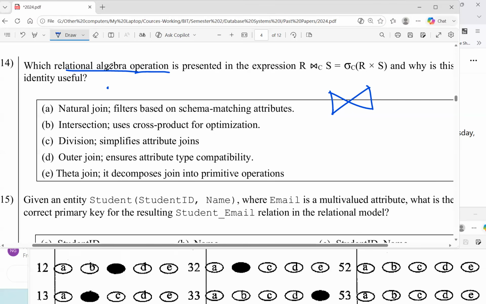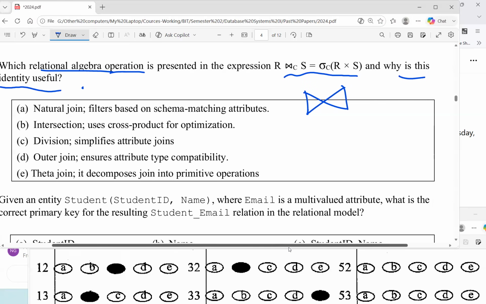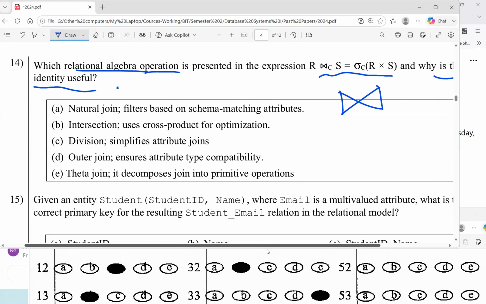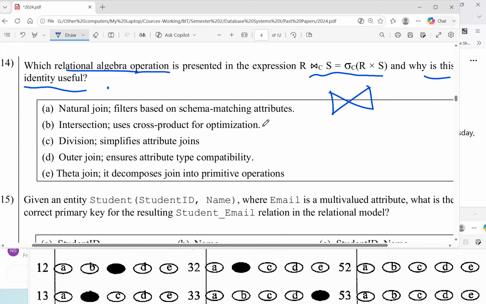Which relational algebraic operation is presented in the expression of this? And why is this identity useful? Natural join, filter based on schema matching attributes. Intersection, this is not an intersection.